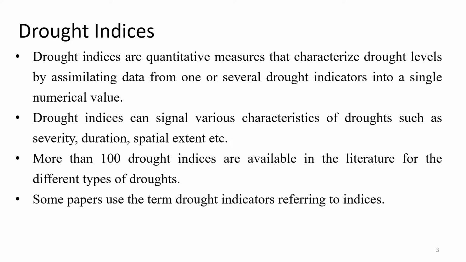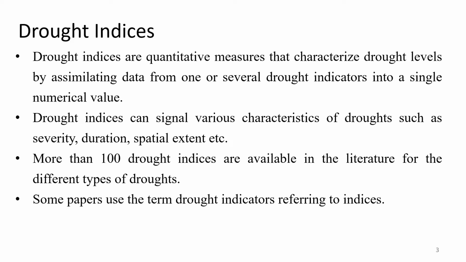Drought indices. As I said before, mere observation and analysis of drought indicators may not provide useful information about drought, because rather than drought, there may be other factors that control these variables.